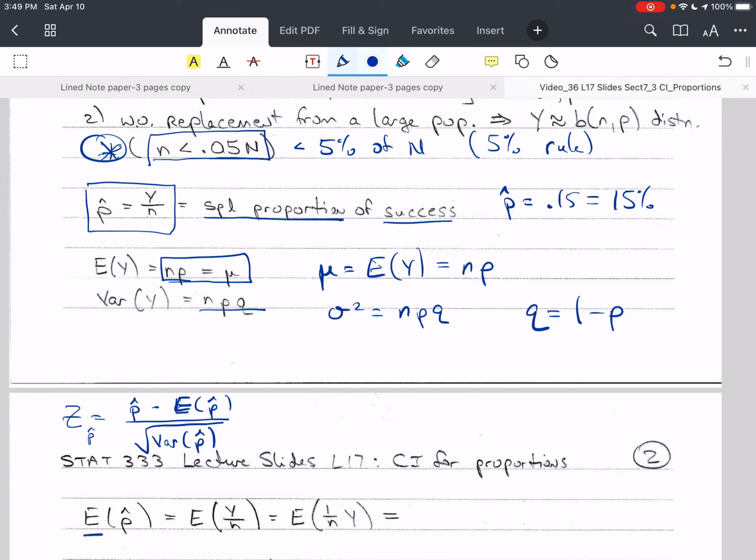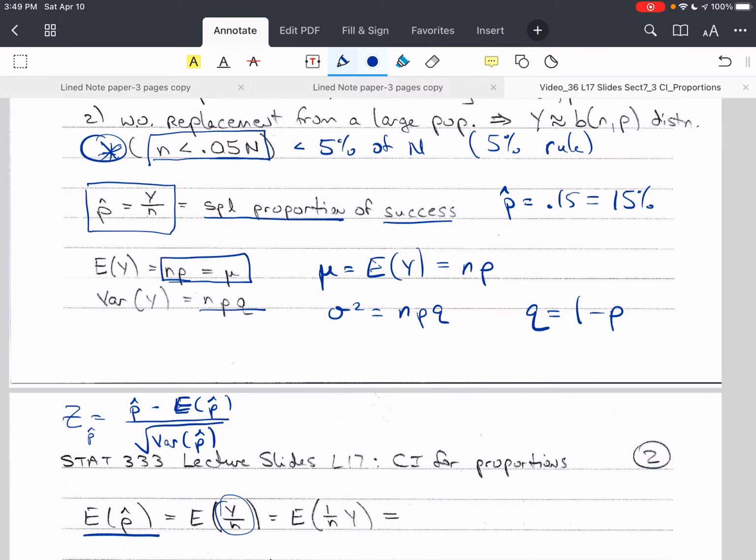So the expected value of p hat, we substitute in the equation for p hat. That's Y over n. Now, Y is the random variable. N is the sample size. In this case, we're going to assume that that's a set quantity.